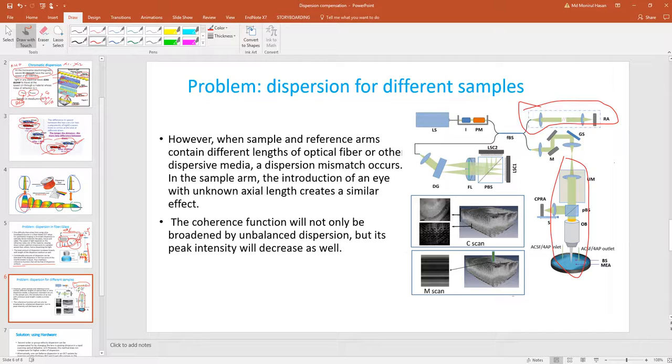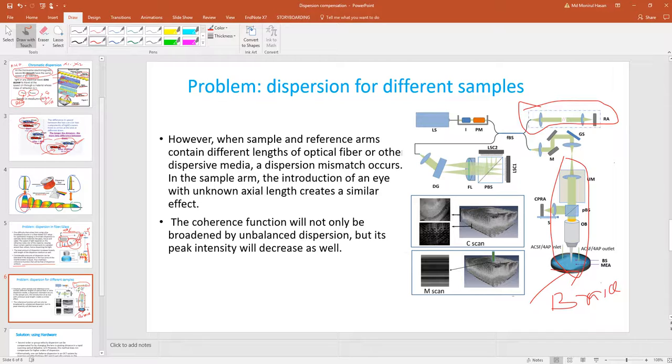But when we image different samples, say one day a brain slice, another day agar or a Drosophila sample, that means we are changing the refractive index in the sample arm.